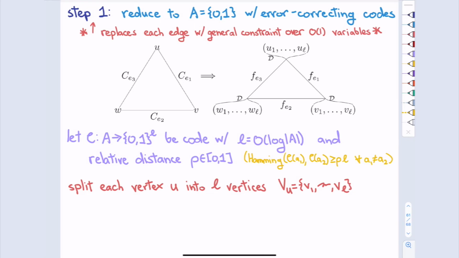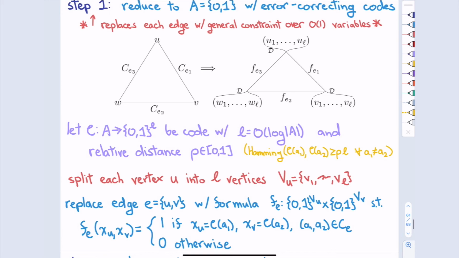Now the problem is that one variable has been split into L variables. So we're going to make a formula that takes L variables from U and L variables from V, so that's 2L bits. It only outputs true if the first L bits represent some encoded A1, and the second L bits represent some encoded A2, and those original values would have satisfied the formula.